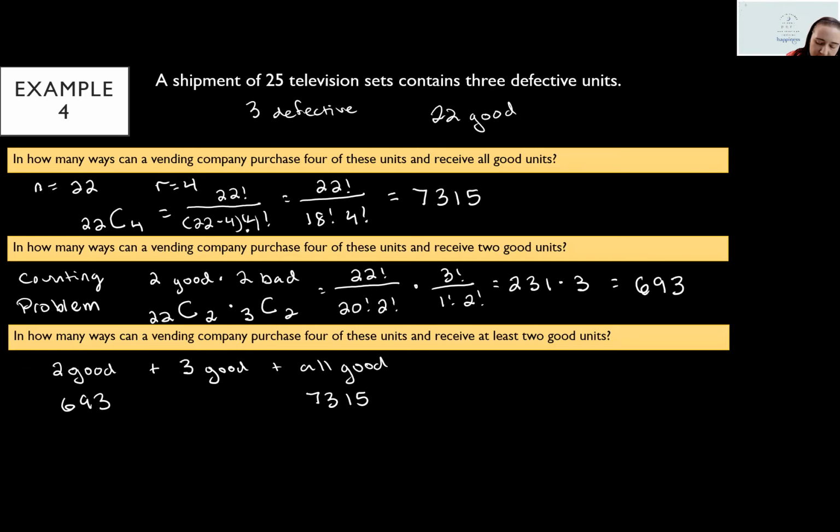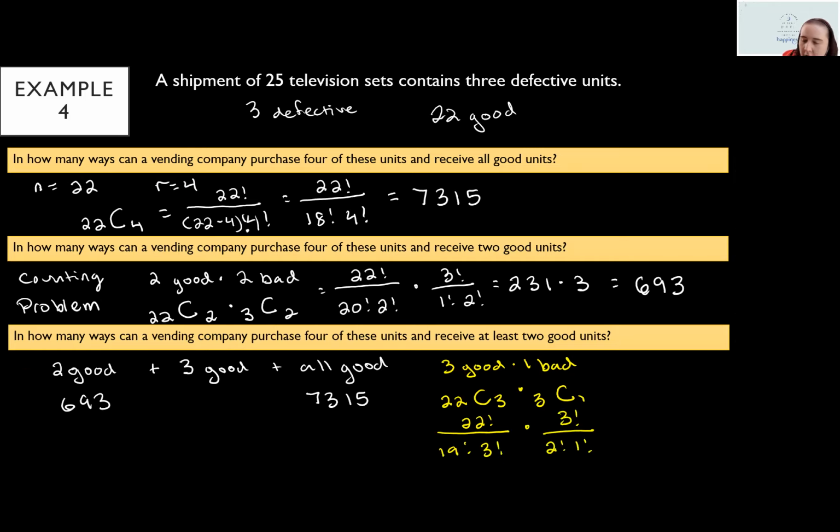3 good units would be 3 good, 1 bad, because we need to have 4 total. So that's going to be 22 choose 3, and then 3 choose 1. So 22 factorial over 22 minus 3, which is 19, so 19 factorial 3 factorial, times 3 factorial over 2 factorial 1 factorial.